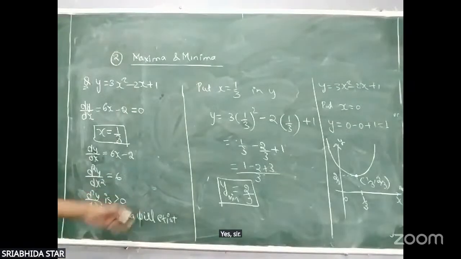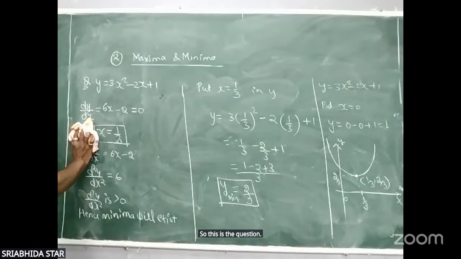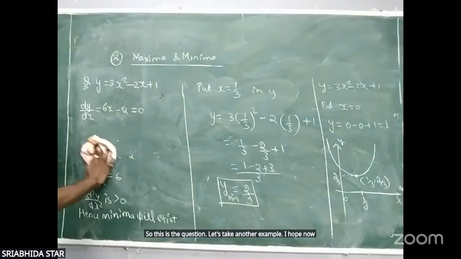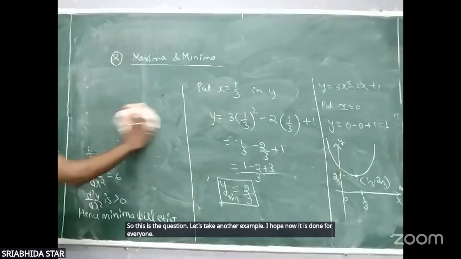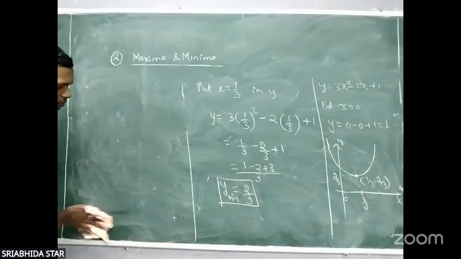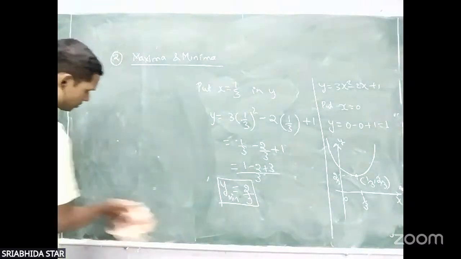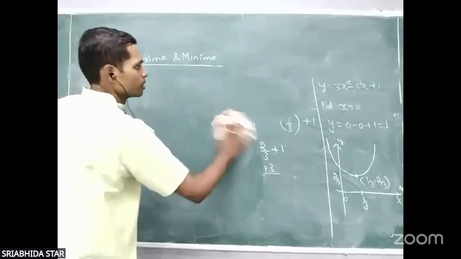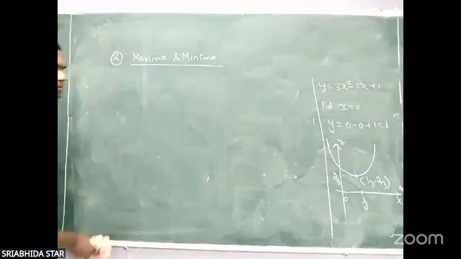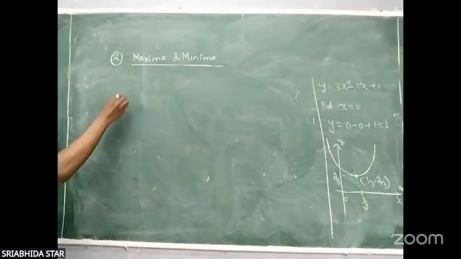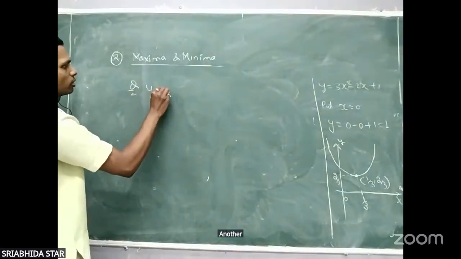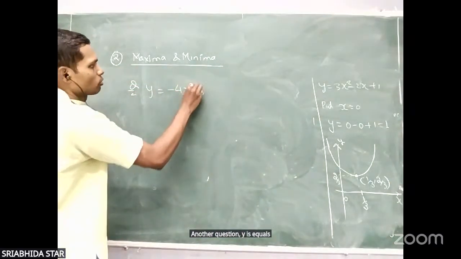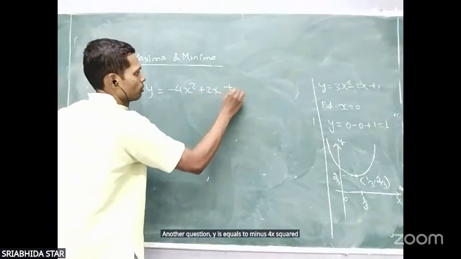So, this is the question. Let's take another example. I hope now it is done for everyone. Another question, y equals minus 4x square plus 2x plus 1.